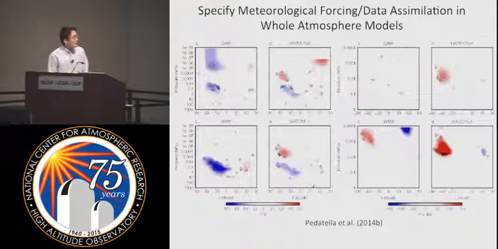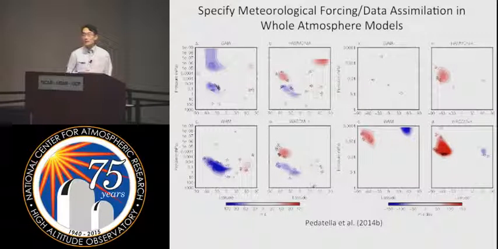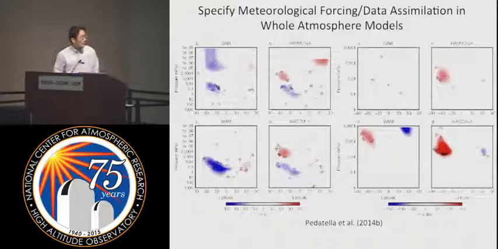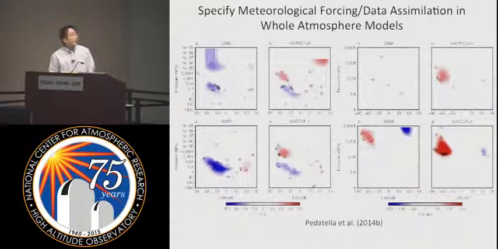Another thing is that, as mentioned earlier, it's important to study the predictability of whole atmosphere models. So again, Nick did the study. He put together 4 whole atmosphere models: GAIA, HARMONIA, the Japanese-German model, and NOAA WAM, and also the WACCM-X.